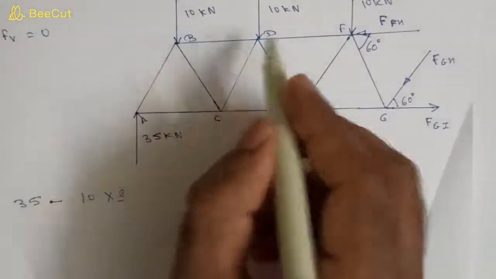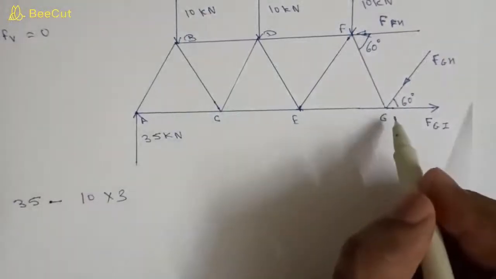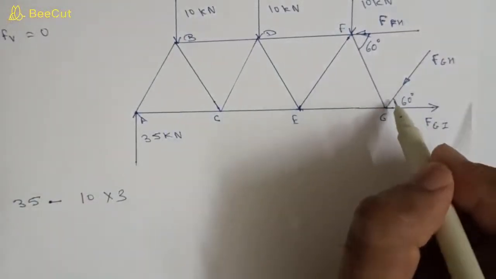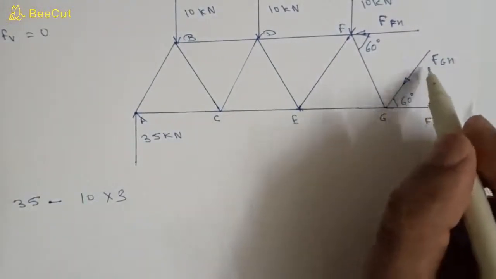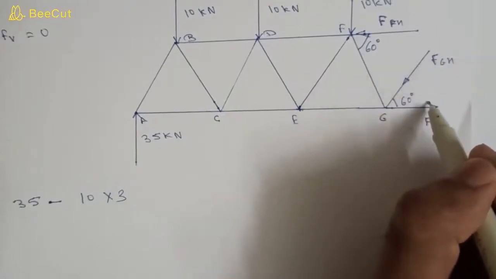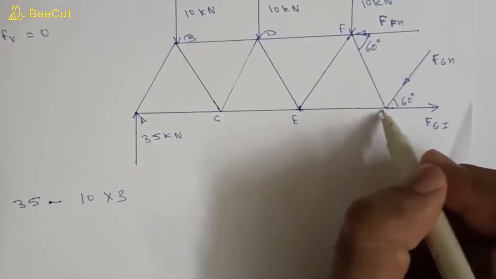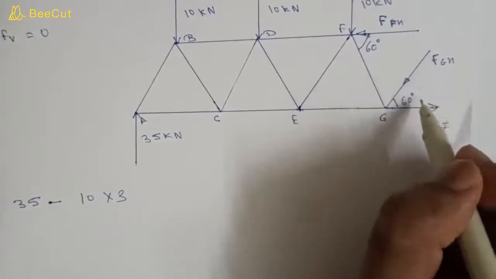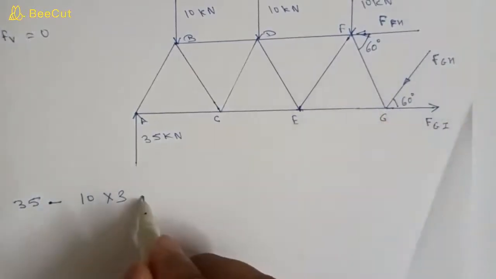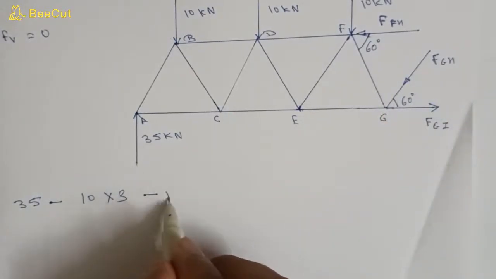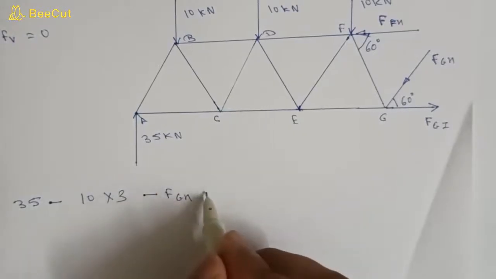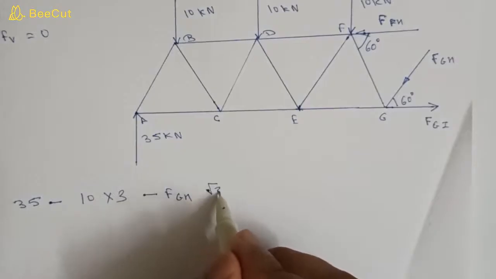There are 3 forces of 10 kilonewton, and there is another vertical force which is the component of FHG. There will be 2 components, FHG cos theta in horizontal direction and FHG sin theta in vertical direction. So it will be minus FHG sin 60. So sin 60 is root 3 by 2.